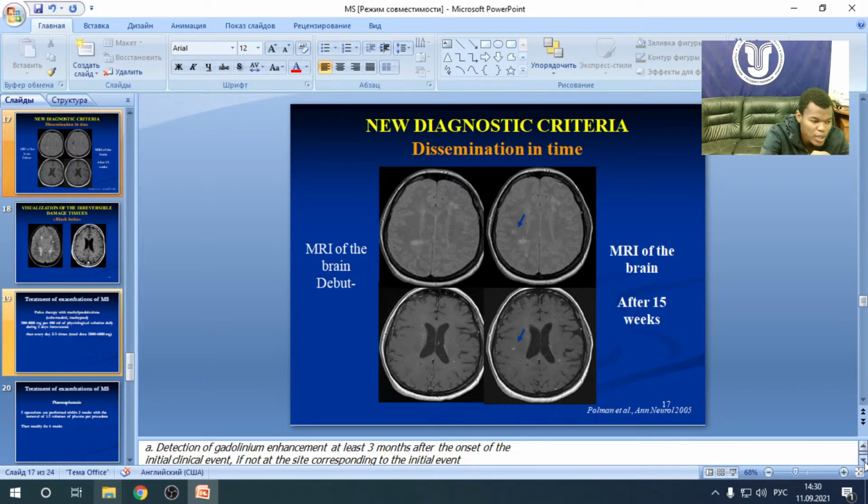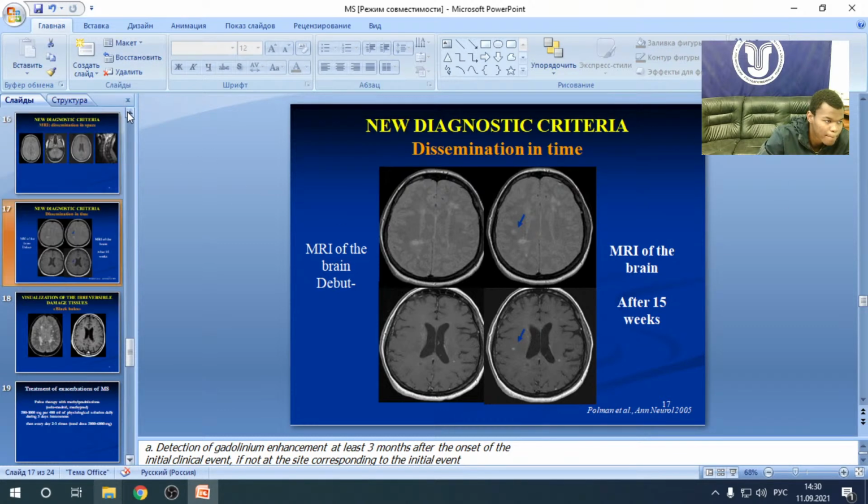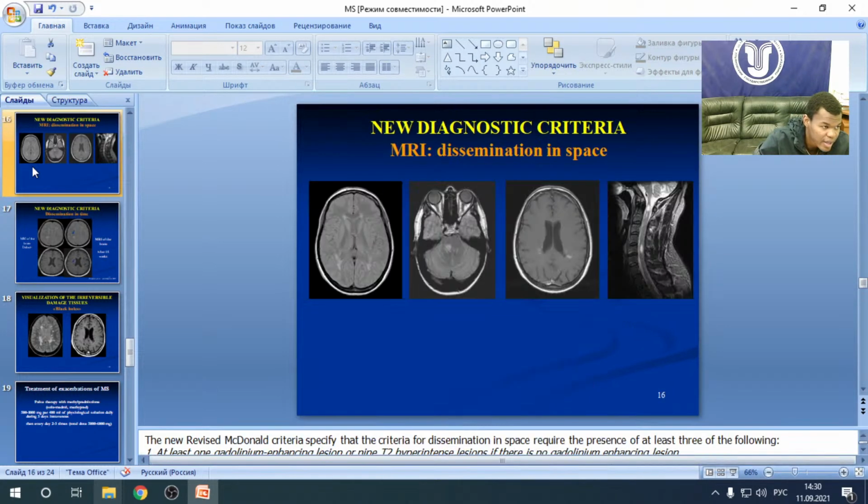So when you do an MRI one time, you need to repeat it again. When you did an MRI one time, you need to repeat it after 3 months.